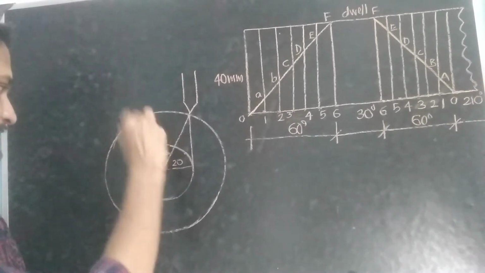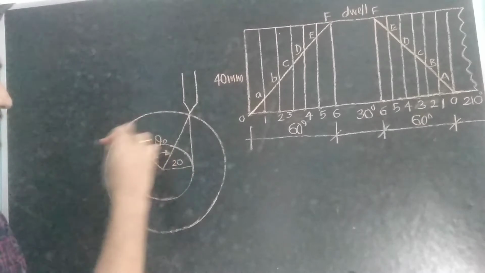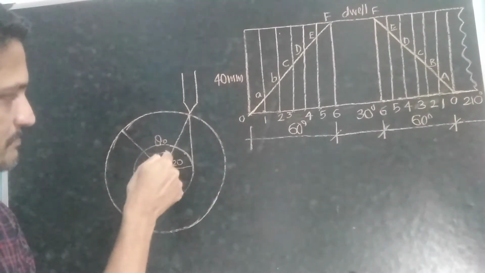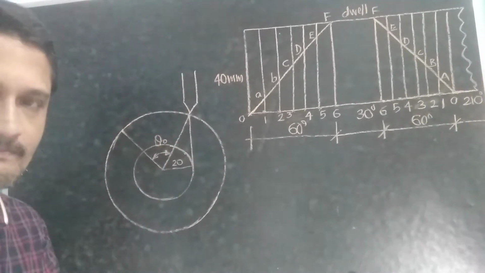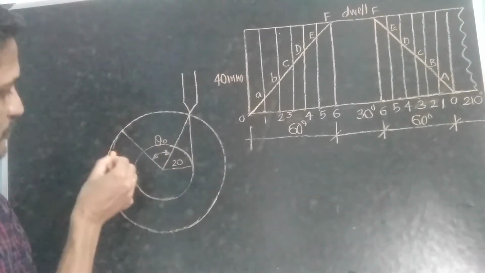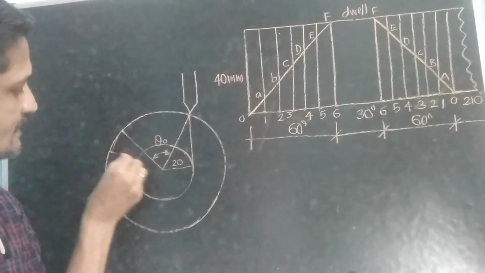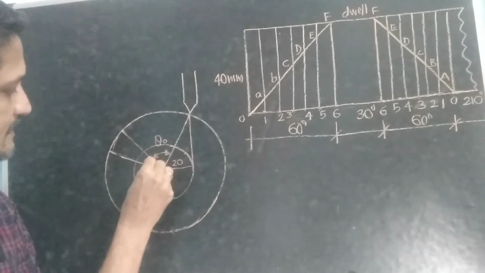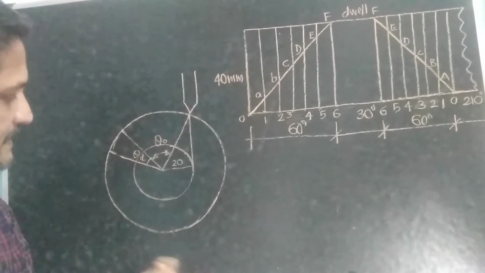From this line to this line, that angular displacement is the outstroke. Then we can draw the dwell period. The next 30 degrees of rotation is dwell. This angle is equal to 30 degrees, theta dwell.